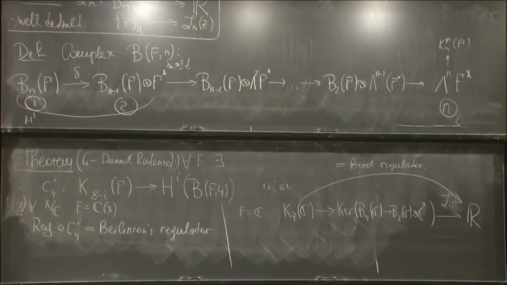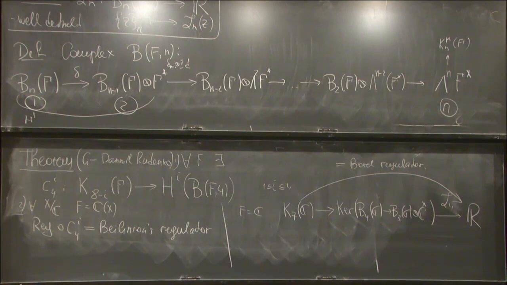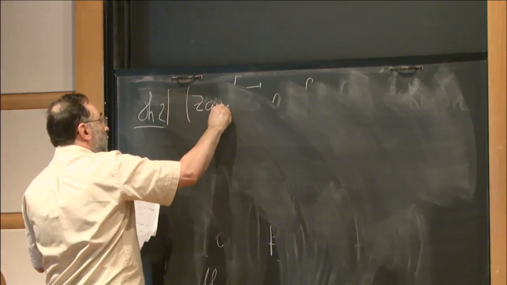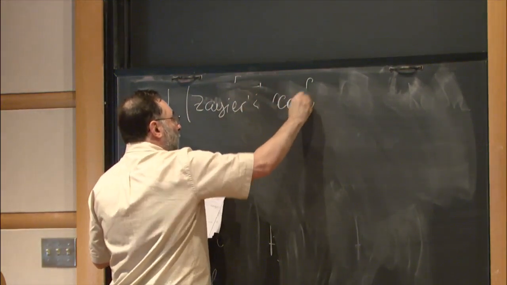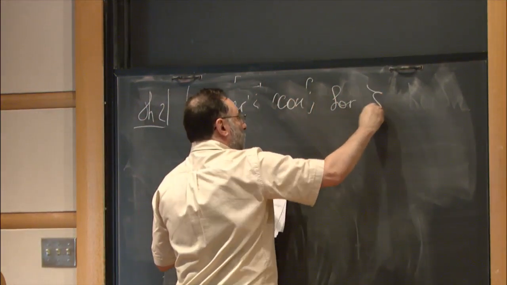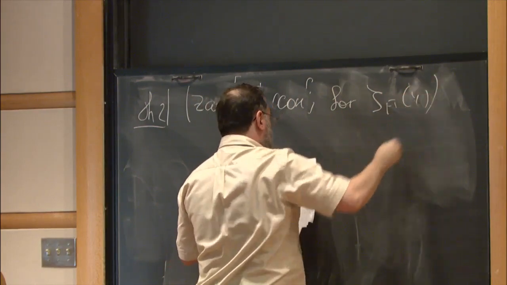So theorem 2. This is Zagier's conjecture, formulated in a slightly different way, but still for number fields.